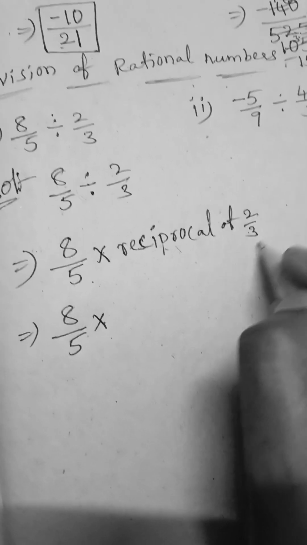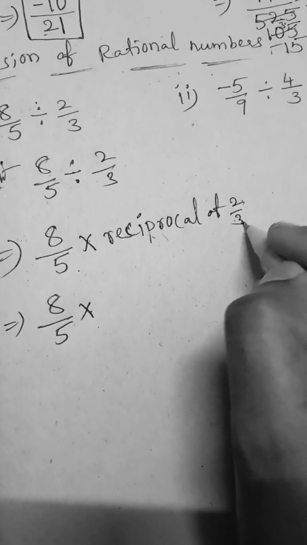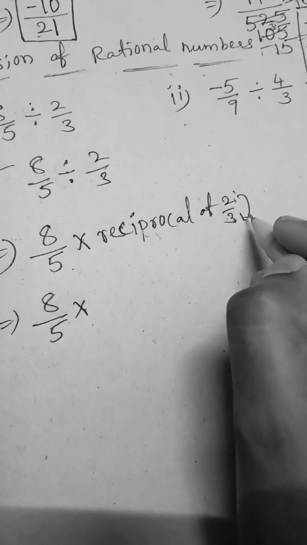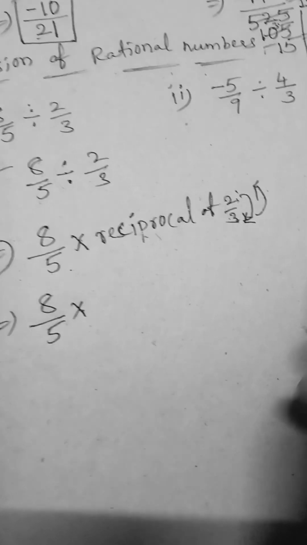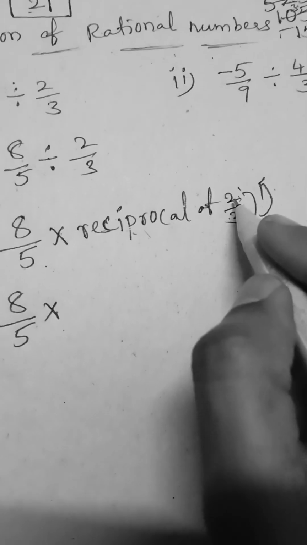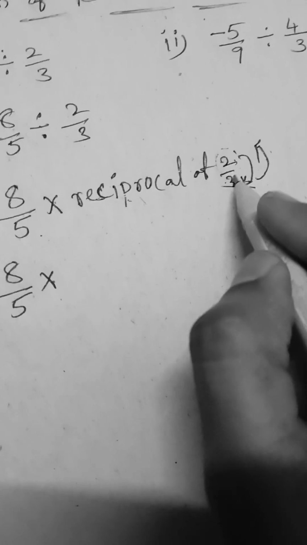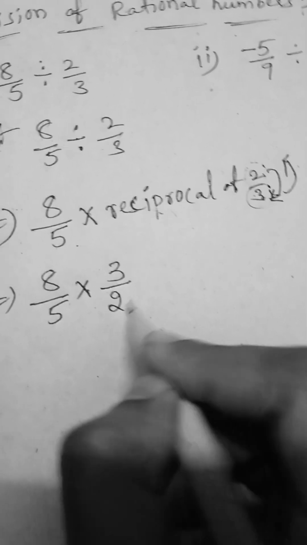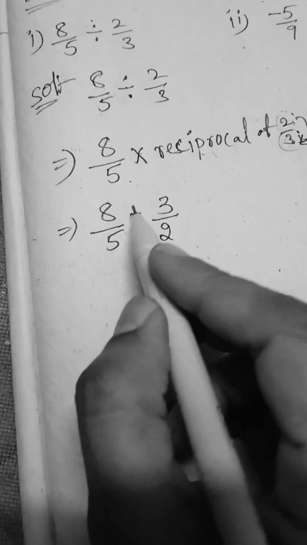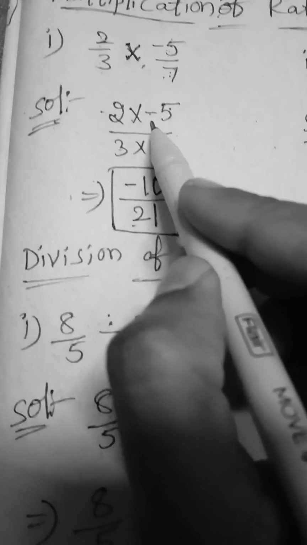Reciprocal means numerator will be denominator, denominator will be numerator. So here numerator is 2, denominator is 3. Now reverse we have to write 3 by 2. Now they are in multiplication. Multiplication means already we know, numerator into numerator, denominator into denominator, simple.